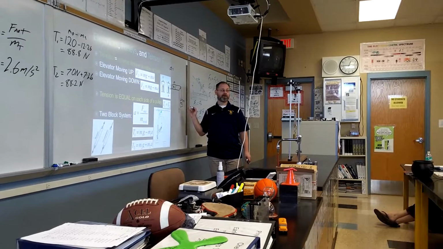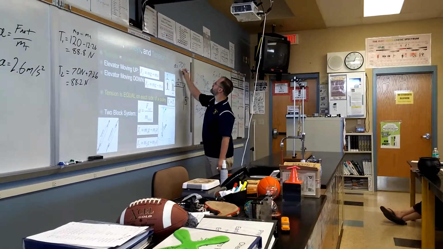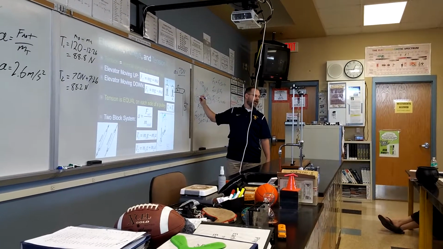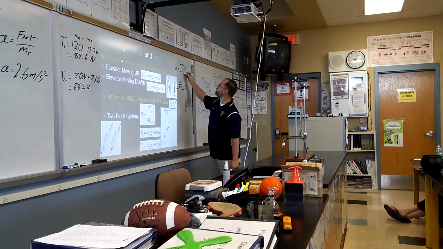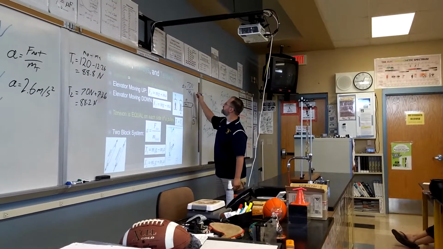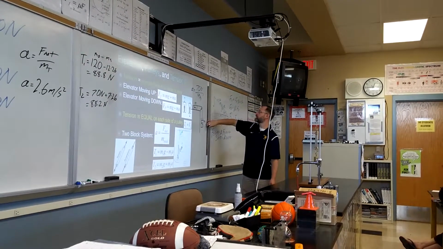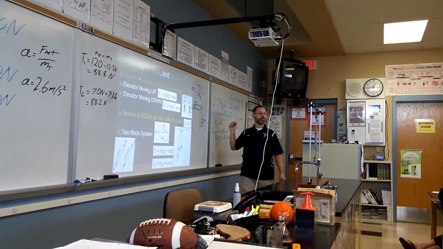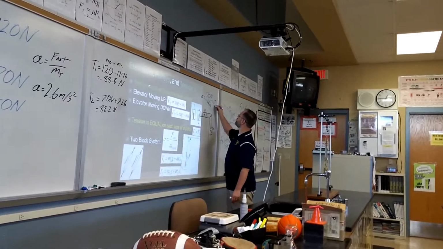So then it would just be 70 newtons. So the F net would just be the 70 newtons. Are they still connected to each other? Yeah. They're still connected to each other. So this is 19 kilograms. So what's the new acceleration? 3.7 meters per second squared.